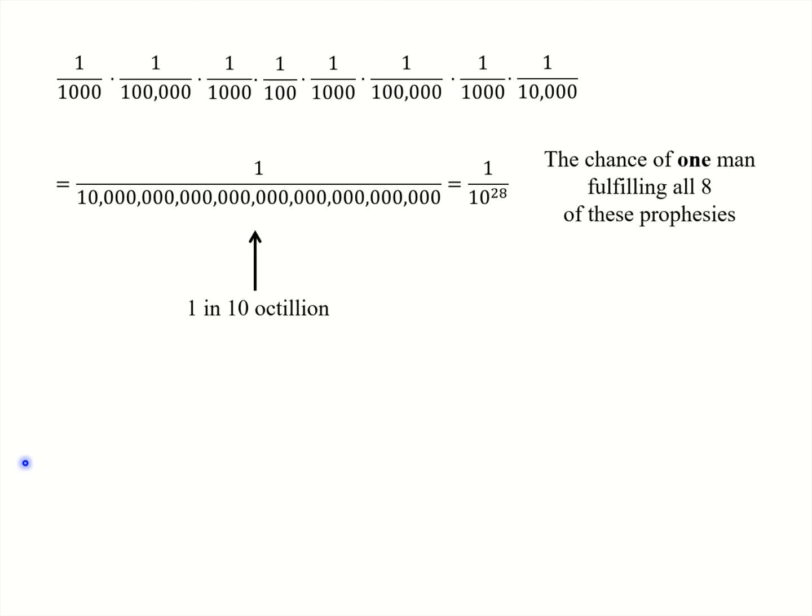Now, the total number of people who have lived since the time of these prophecies is less than 100 billion. So I'm going to multiply that probability by 100 billion, and it's actually going to make the numerator bigger. But that's going to give me the chance of any man fulfilling all 8 of these prophecies.